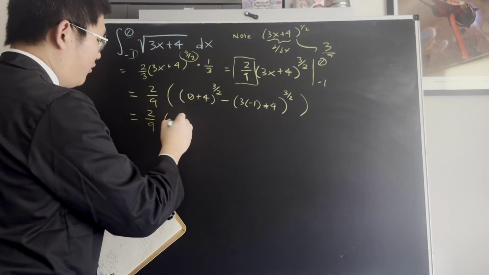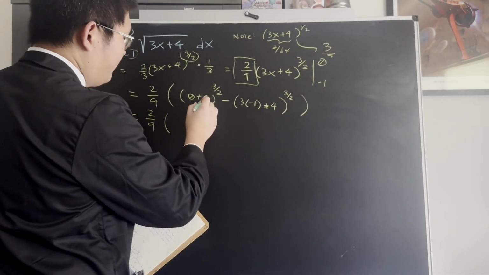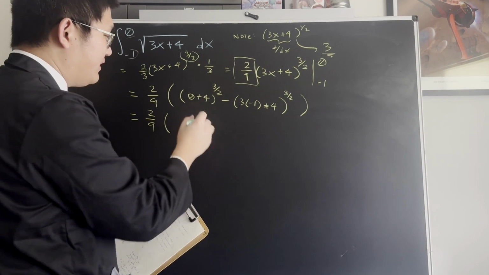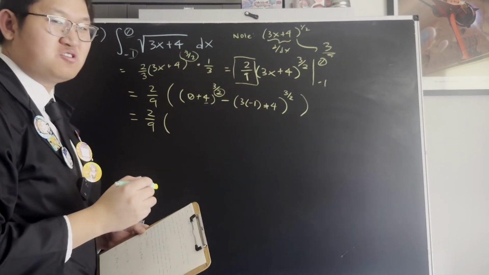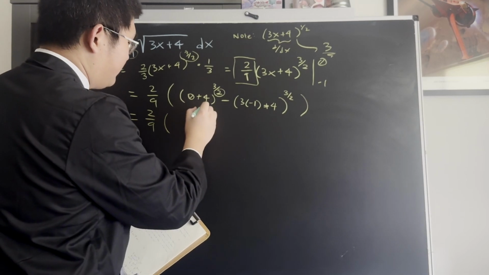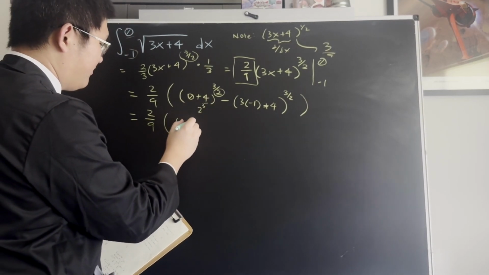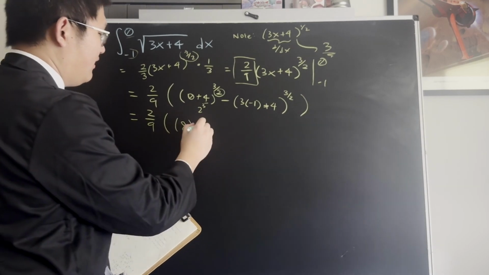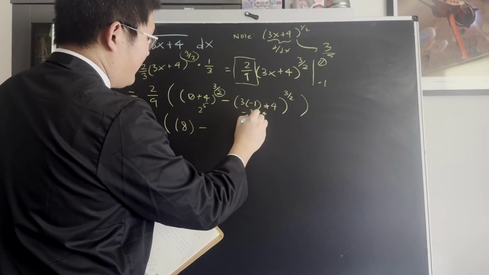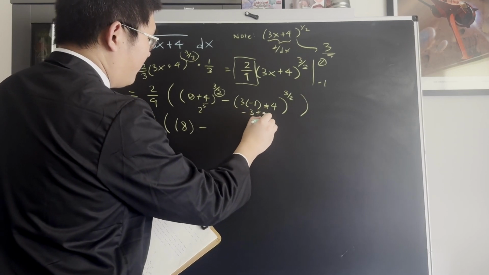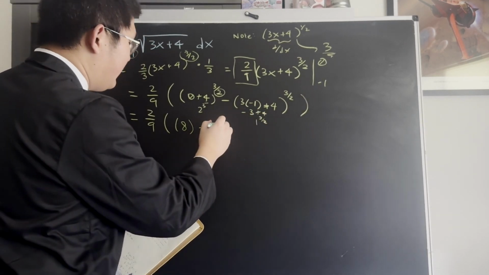Now we have 4 to the 3/2 power. Because 4 can be taken to the square root quite easily, that is going to be 2 to the 3rd power, which is just 8. Then -3 plus 4 is 1, and 1 to the 3/2 power is just going to be 1.